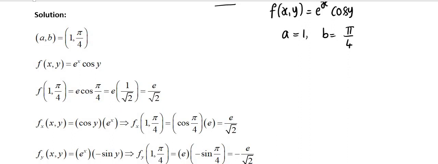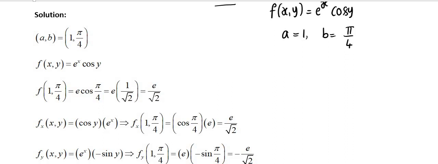Solution: a comma b equal to 1, pi by 4. So a is 1, b is pi by 4. Given function is f of x comma y equal to e power x into cos y. Now I am going to evaluate the value of the function at 1, pi by 4. That is f of 1, pi by 4 equal to e power 1 into cos pi by 4.